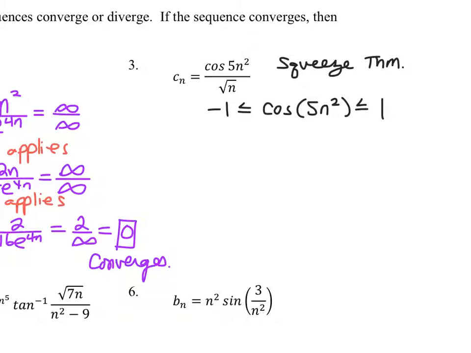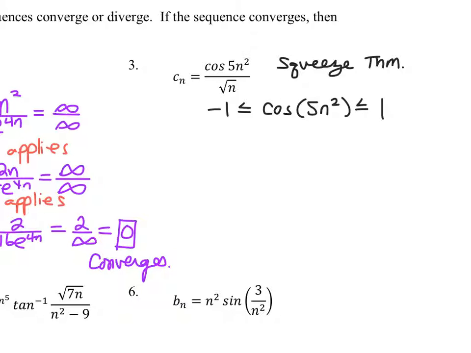So I have this relationship. I can rely on this. But what I need is the limit as this approaches infinity. So I'm going to build this fraction from this inequality. You can multiply, divide, take a radical, whatever you want to do to an inequality, as long as you do it to each part of that inequality.